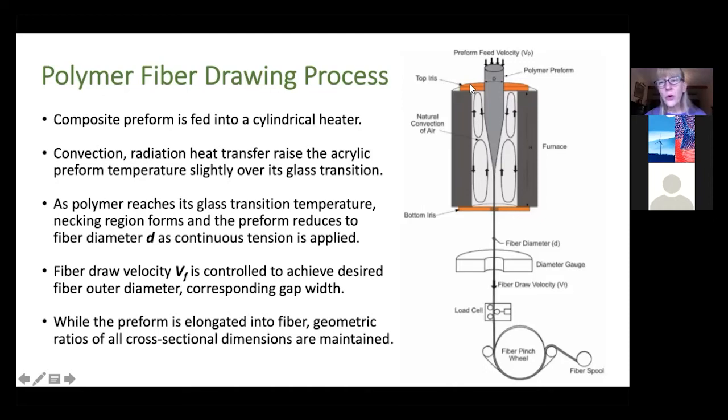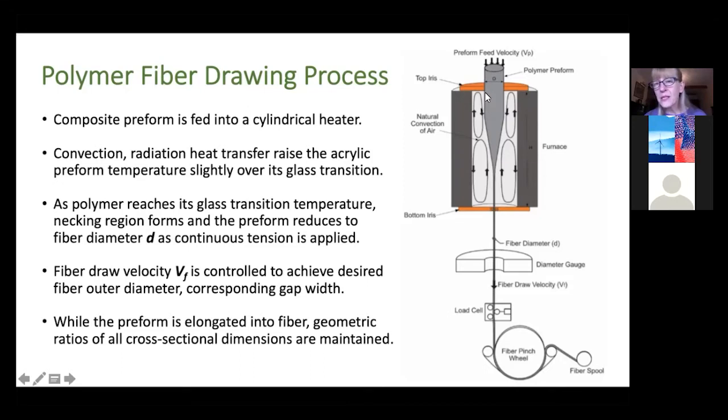And you'll notice here what we call a top iris. There's actually a seal here so that air doesn't move up and out of the system. Now below here is labeled the bottom iris. This is not a die. The material is not being forced through a restriction. So there's free space between the fiber and the wall of the bottom iris.